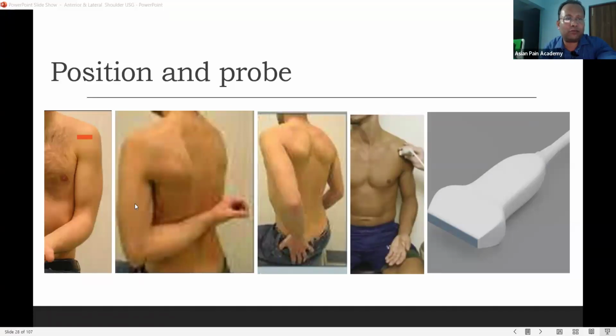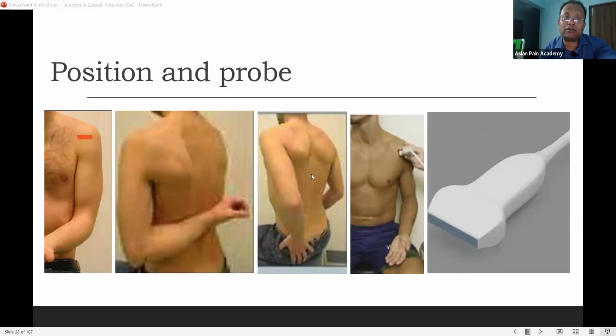Now different types of positions. This is the neutral position for starting from the biceps tendon area, and this is the cross position. These are the modified cross positions. A volunteer can take the cross position and modified cross position.